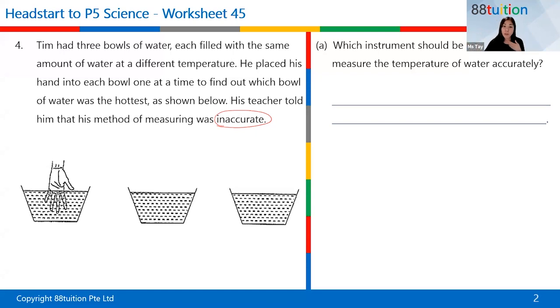For example, Miss Tay is the one doing the experiment. I am actually Tim. Then I went to touch the water, one bowl after another. So first bowl, I put my hand in. Then second bowl, I put my hand in as well. And third bowl, I also put my hand in. Then I say, okay, this bowl has the hottest water. Is it accurate? It's not. But why not?